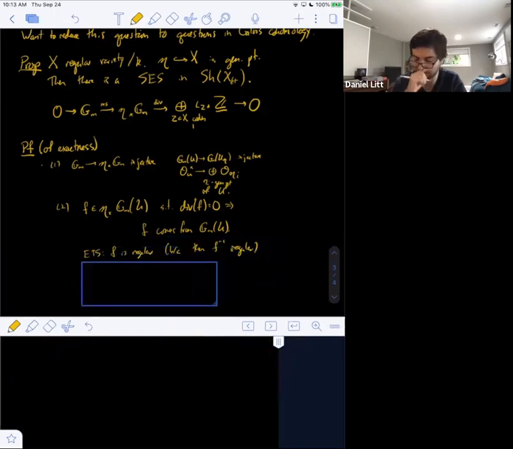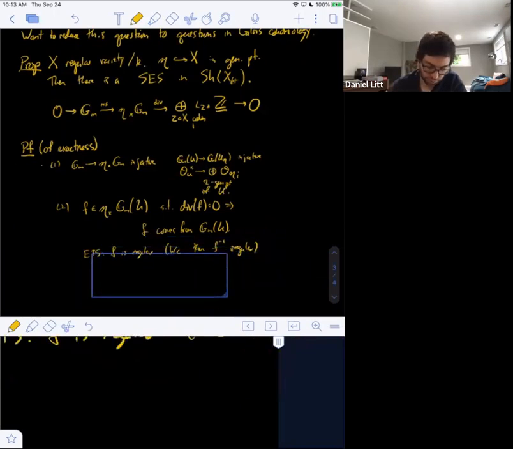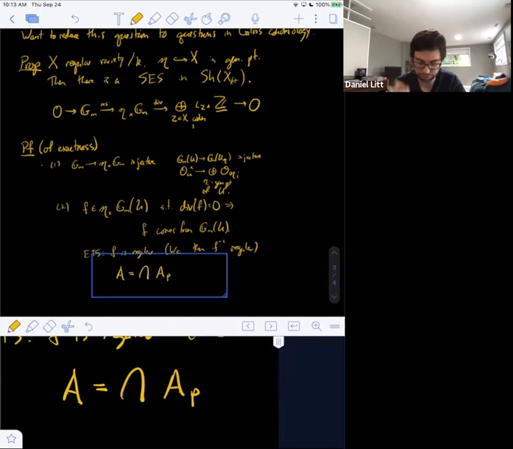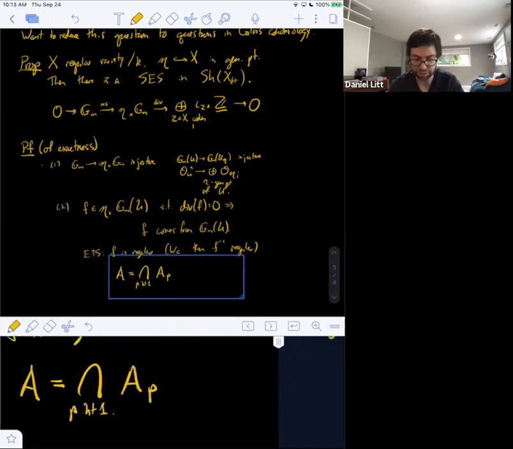So why is that? What is the fact we're using? What we're using is that if we have a ring A, here a finite type ring over a field, it's the intersection of its localizations at all its height 1 primes. So being in this intersection is precisely saying that all of your divisors are non-negative.